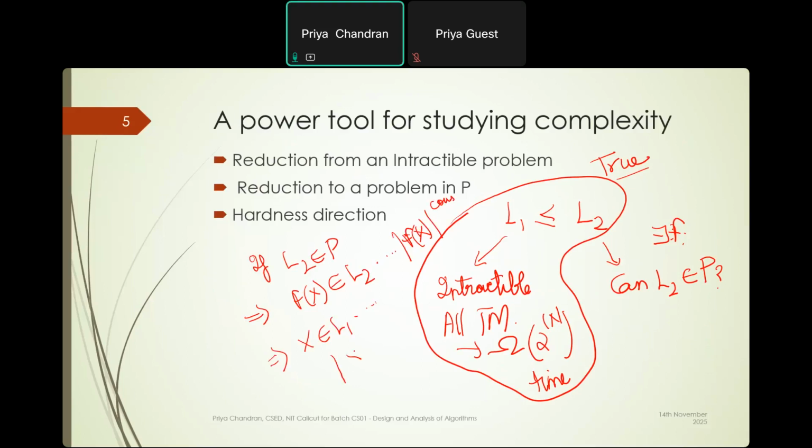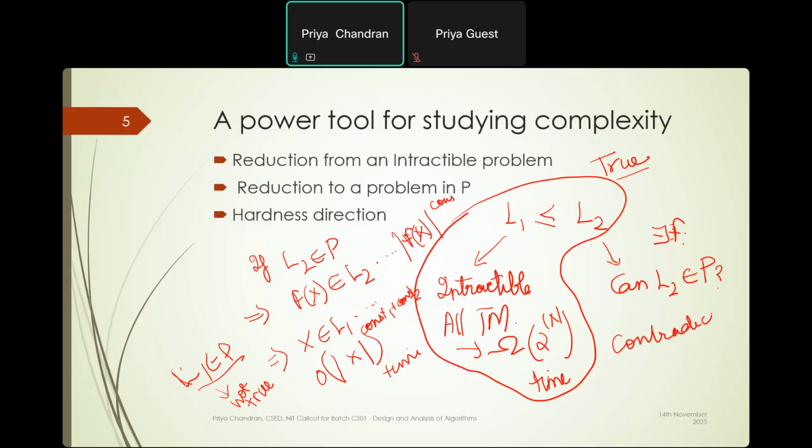So x raised to some polynomial constant, constant 1, constant 2 or something, which is polynomial time. But which means that L1 belongs to P. But we know that that is not true. If that is not true, it means that we have reached a contradiction.